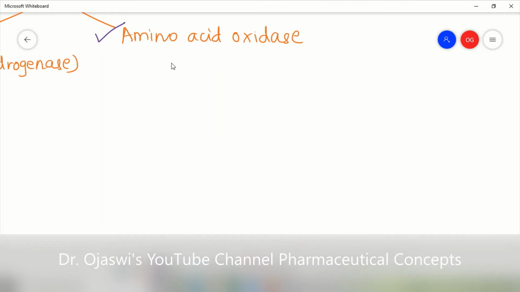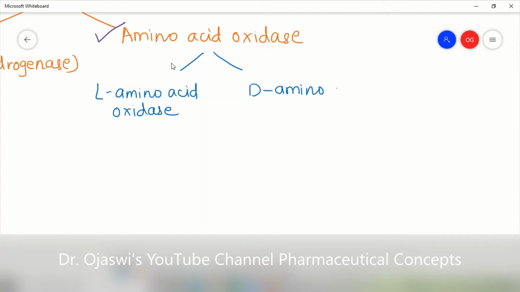So these amino acid oxidases can further be of two types, that is L-amino acid oxidase and D-amino acid oxidase. Among these two, the L-amino acid oxidase has low activity, whereas the D-amino acid oxidase's activity is quite higher.